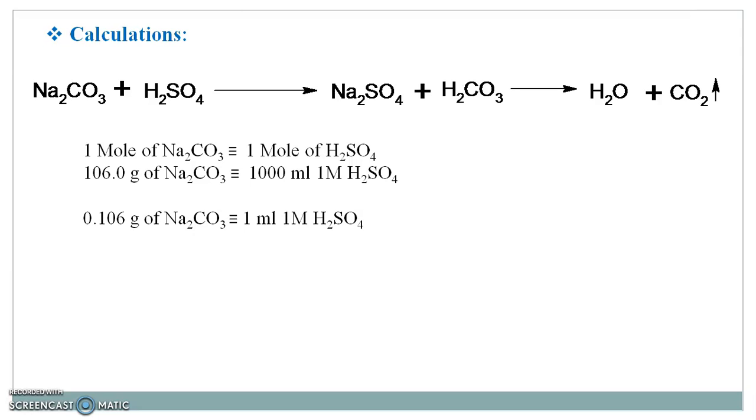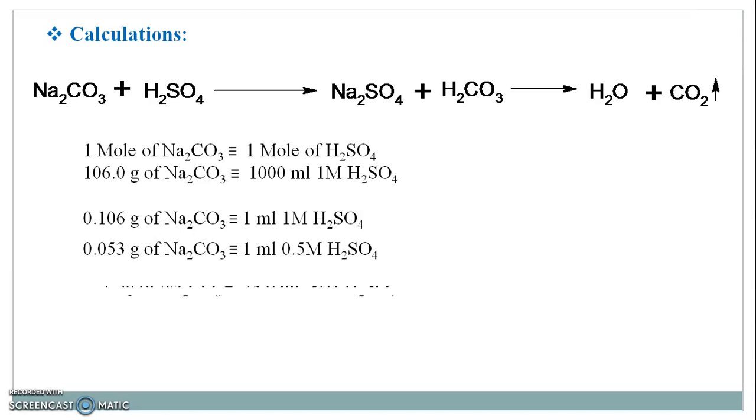So 0.106 gram of sodium carbonate is equivalent to 1 ml of 1 molar sulfuric acid solution. But here we prepared 0.5 molar sulfuric acid. So 1 ml of 0.5 molar sulfuric acid is equivalent to 0.053 gram of sodium carbonate.